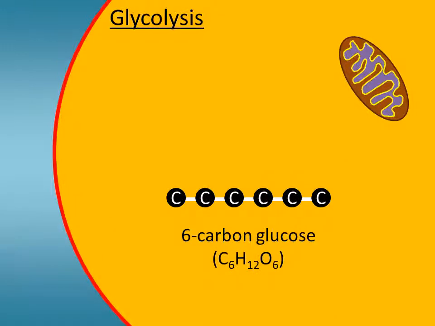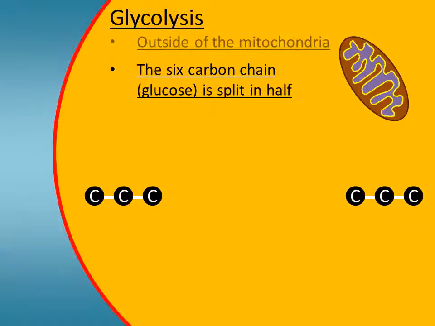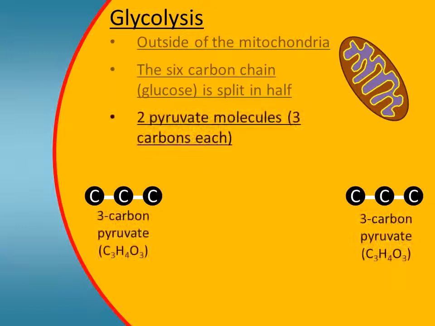Okay, the first step of cellular respiration is glycolysis, which literally means the splitting of glucose. And this occurs outside the mitochondria in the cytosol surrounding that organelle. So here we see that 6-carbon chain of glucose is split directly in half to form 2 3-carbon molecules called pyruvate.